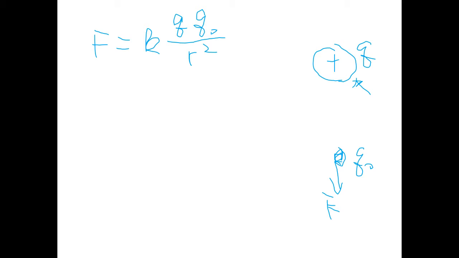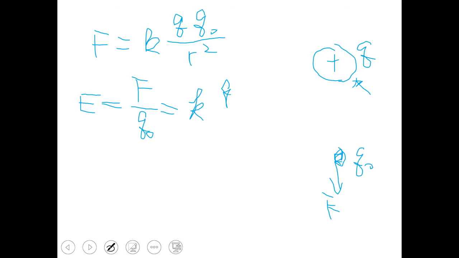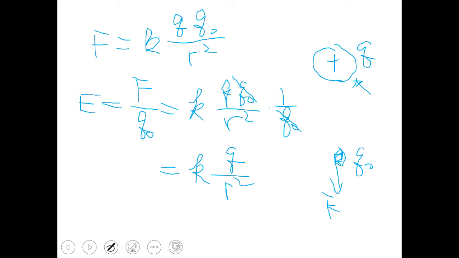So according to the definition we just wrote, the E field should be F over Q0. So actually it's nothing but k Q Q0 over R squared times 1 over Q0. And this one and this one are cancelled. So the rest of the stuff is something like this.